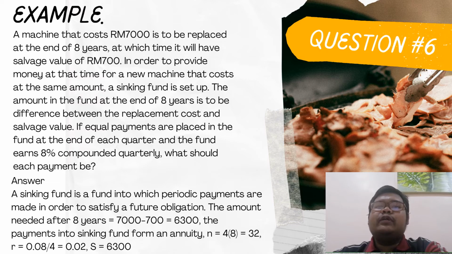The payments into the sinking fund form an annuity, where n equals 4 times 8 equals 32. The rate 0.08 divided by 4 gives 0.02, and for S, which is the future value, 6,300.